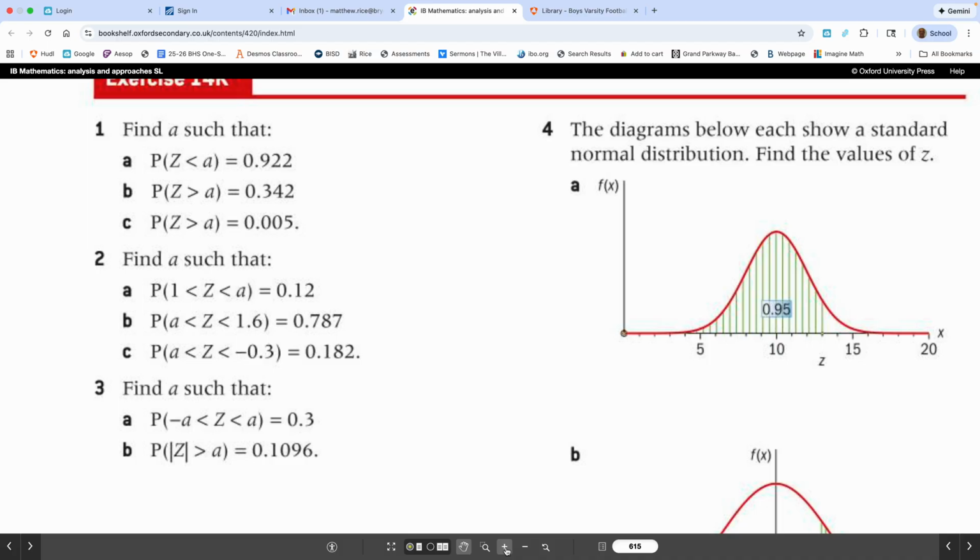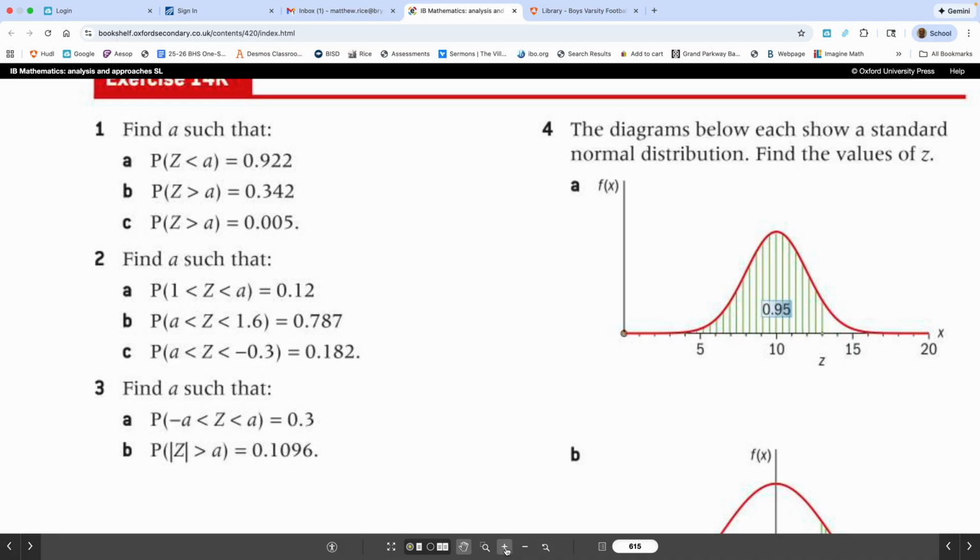Now, 2B is a little bit different. So on 2B, I have A and I have 1.6. So 1.6 is going to be over here, on the positive side. I would guess that A would be over here on the negative side. Why would I make that assumption?